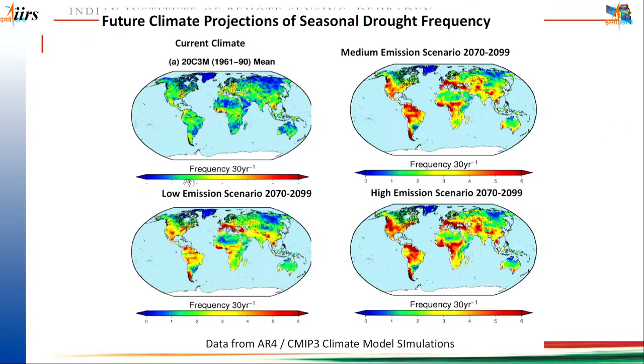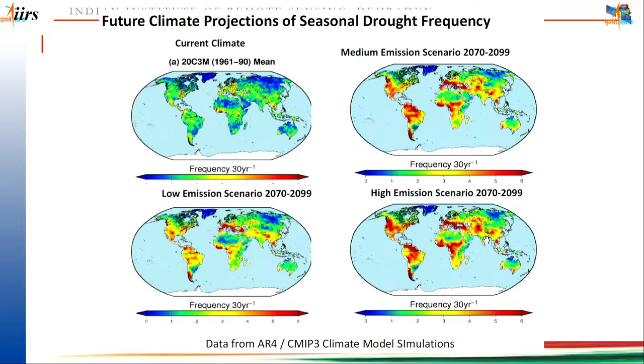Then you can also see how the frequency of drought will increase. You see the current climate, 1961 to 90, but this is a medium emission scenario and a low emission scenario. In the low emission scenario there will not be much increase in the frequency of drought. But in the medium emission scenario, an increase in the frequency of drought will be there. All the brownish and yellowish area is increasing. And here you see the high emission scenario, mainly in South Africa. Larger parts of South Africa will experience more droughts.